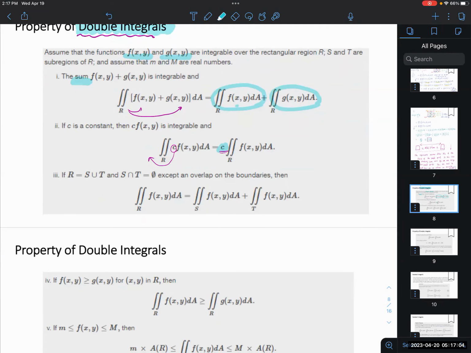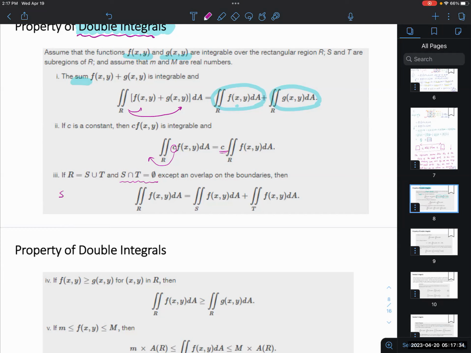And the next one, just be aware, we have a different region R. So let's say I'm gonna just make a Venn diagram. So we have a set S, we have a set T, okay? And the intersection between S and T is empty. So that means they are exclusive.